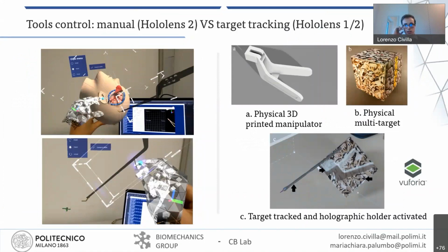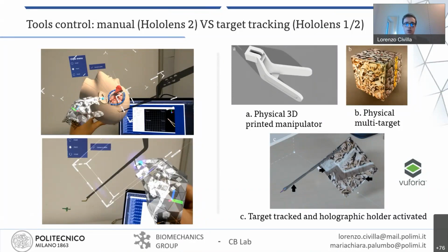Then, to simulate as much as possible the manual operation of the instruments during the surgery, we took advantage of the HoloLens interaction methods, trying to avoid the keyboard controls that are always possible using SOFA Python 3. The first solution, on one hand, is the use of manual tracking in HoloLens 2, that is intuitive, quite precise, but you don't have any instrument in your hand.